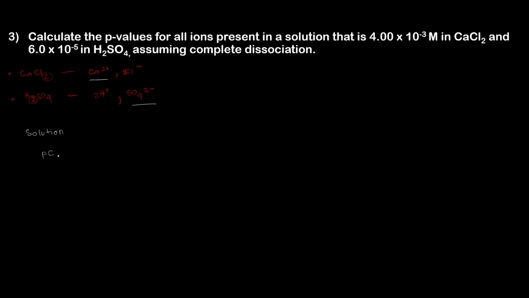So solving for pCa. Where can we find calcium? We can find it in calcium chloride with the molar concentration of 4 times 10 to the negative 3. So this is simply negative log 4 times 10 to the negative 3, which will be 2.40. Okay, so that's pCa.